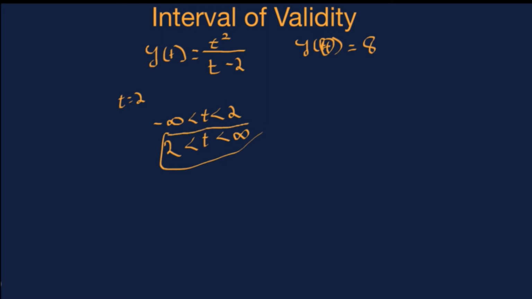2 to positive infinity. Now for an initial value problem with a linear first order differential equation of the form the derivative of y plus some continuous function of t that we call p of t times y is equal to some continuous function that we will call q of t, with the initial condition y of some input value that we can call here t naught is equal to some value that we will call y naught.